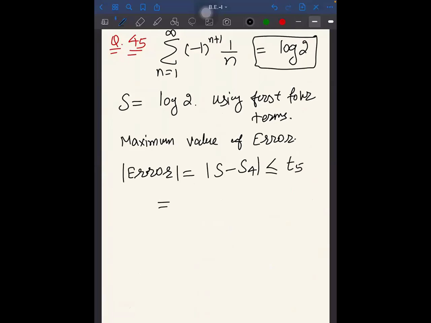Okay, so we need to take the modulus of the fifth term. You put n is equal to 5 over here, 5 plus 1, 1 by 5. So that's what? 1 by 5, 0.2. Okay, so this is the maximum value of the error, right?